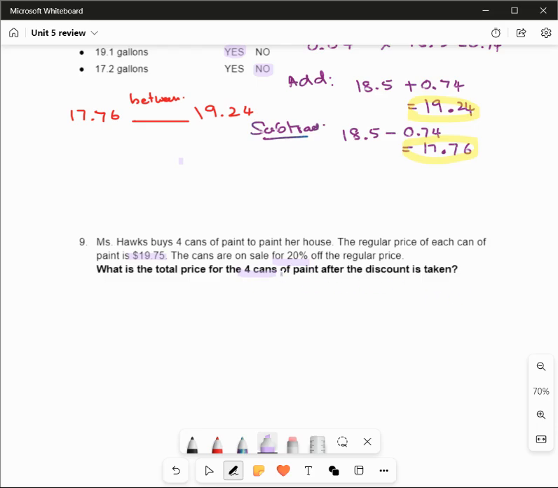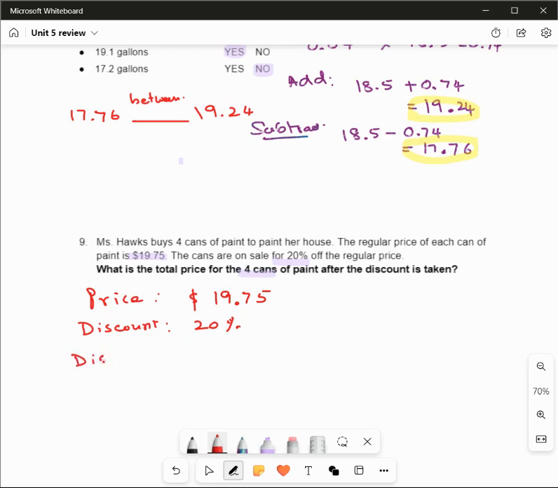So let's find out what 20% of this is. You have the price, which is $19.75. So let's find out the discount, or the sale price. The discount is 20%. So let's find out how much discount we are getting.